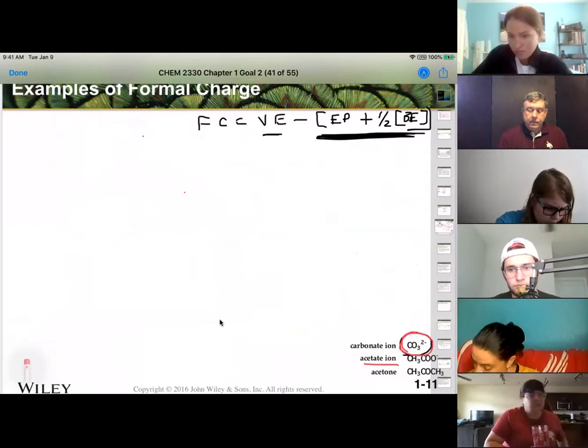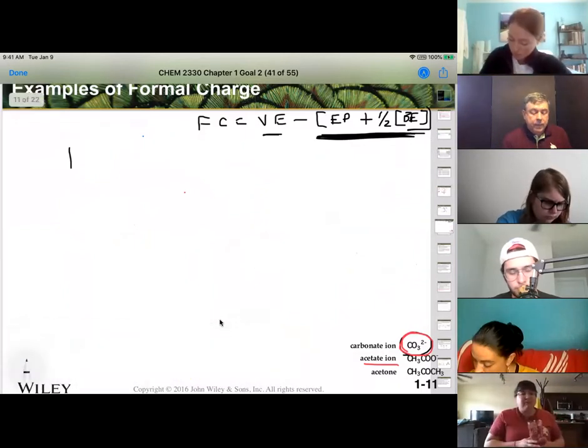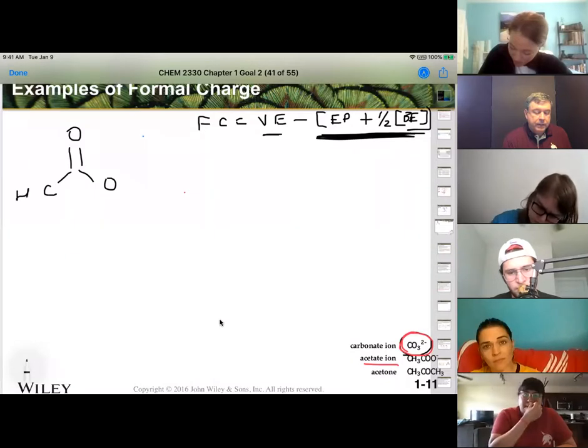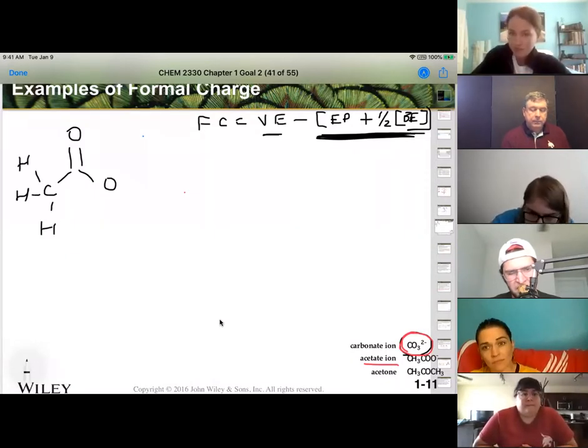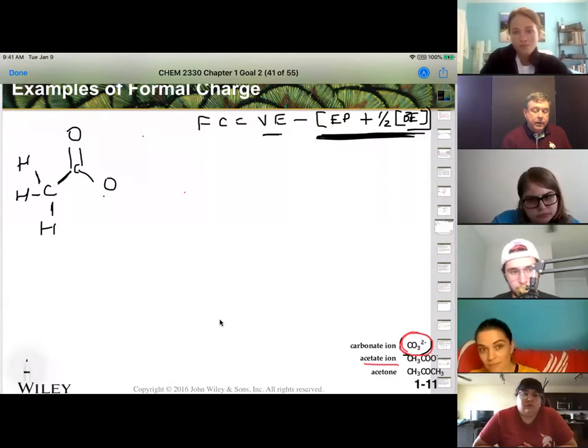All right, so let's first draw our acetate ion here. If we draw our Lewis dot structure, we have C, H, H, H, and we'll learn this functional group in just a little bit. This carbon right here has 1, 2, 3, 4, 5, 6, 7, 8 electrons, so that's happy.